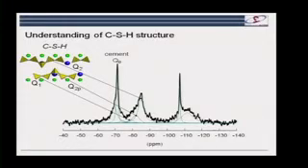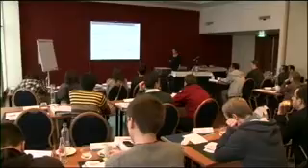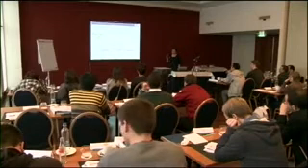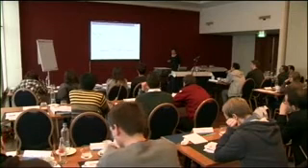You can even pick out the Q2 groups which bridge these two little dimers, as opposed to this Q2 group here. They have slightly different shifts. And then you have a Q1 group, which is the end of a chain here. So by putting all this together for different preparations, we've really managed to establish well at an atomistic level what the structure of CSH is.